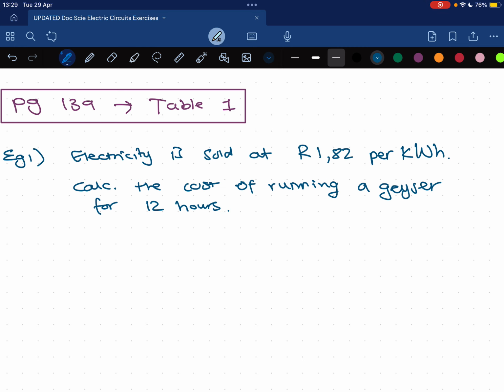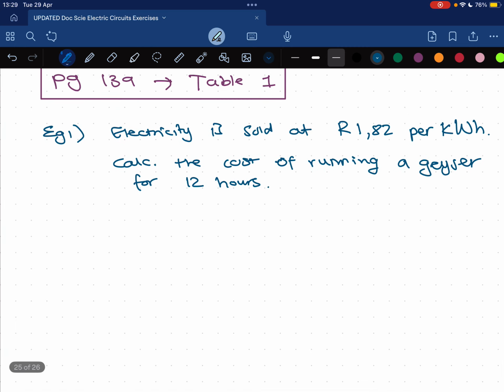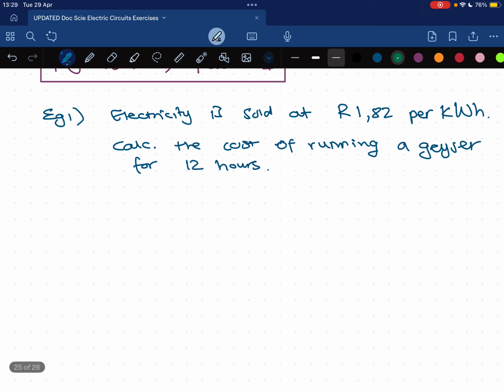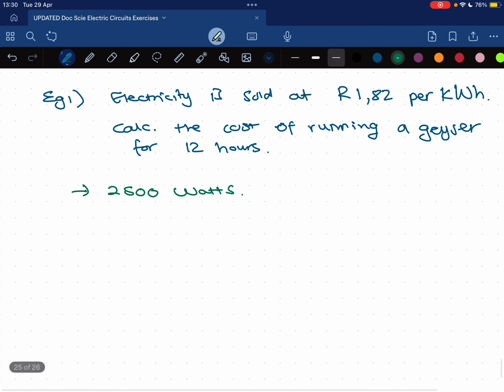So according to the table, the geyser uses 2,500 watts of power. So the geyser uses 2,500 watts. If I convert that, it's going to be 2.5 kilowatts.